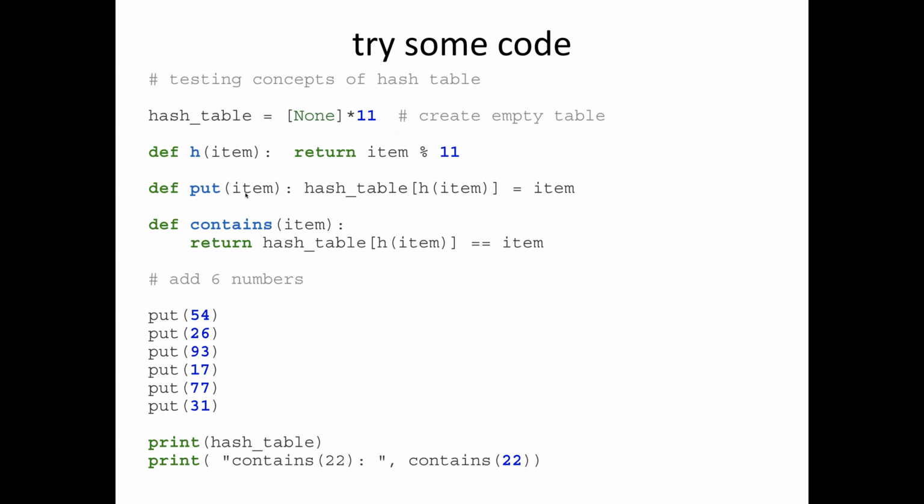When you put an item in, you put it into the hash table at the index given by the hash function. And the contains function basically searches for that item: you look into the hash table and see if that value is equal to the item. Okay, so that's a simple implementation of a simple hash table.